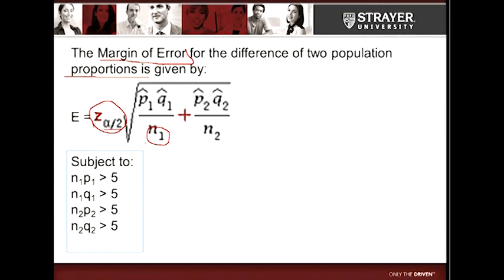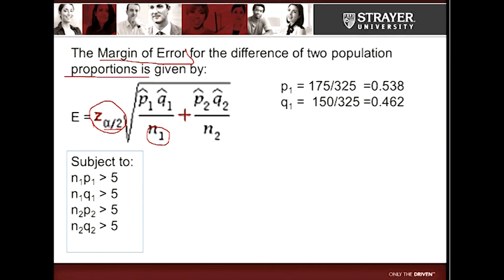Now, we do have to make a disclaimer that when you multiply your sample size times your proportion, or by the complement of your proportion, all of these values have to be at least 5 or greater than 5. So if you find your numbers, P1, 175 over 325 is 0.538. Q1 is the rest.